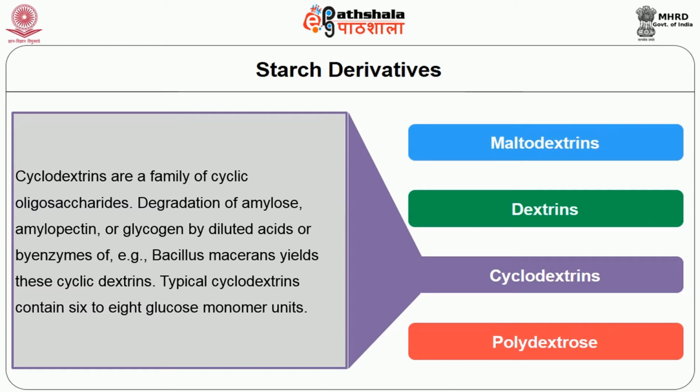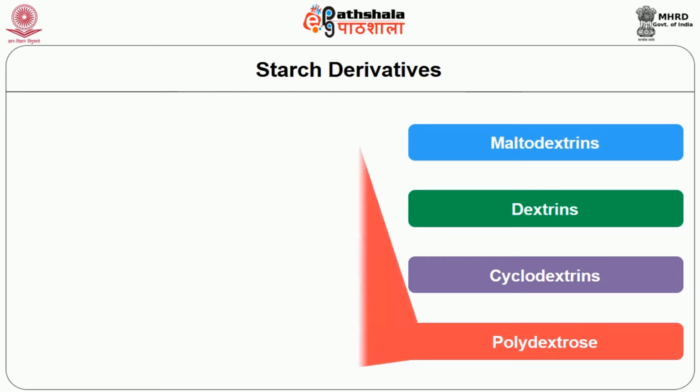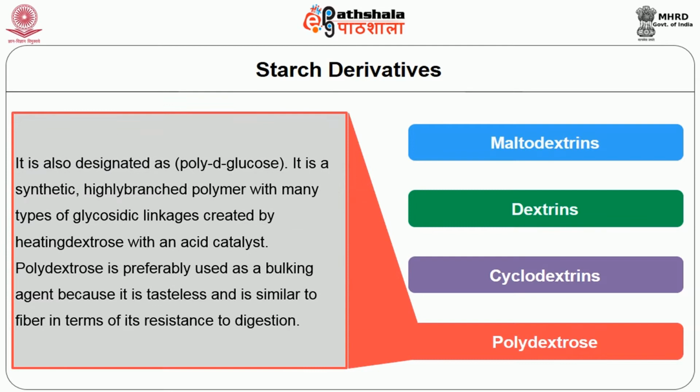Degradation of amylose, amylopectin or glycogen by diluted acids or by enzymes, for example from Bacillus macerans, yields these cyclic dextrins. Typical cyclodextrins contain 6 to 8 glucose monomer units. Next is polydextrose, which is also designated as poly-D-glucose.